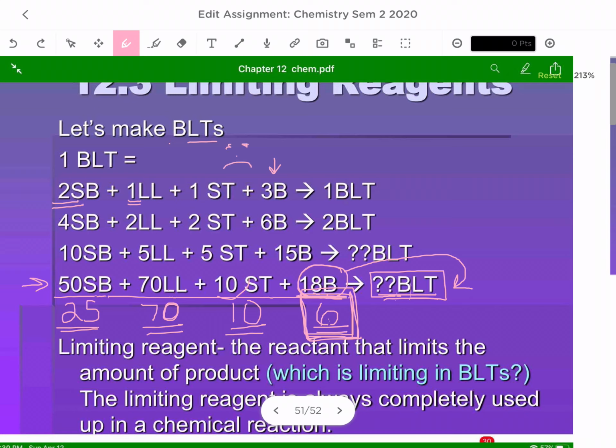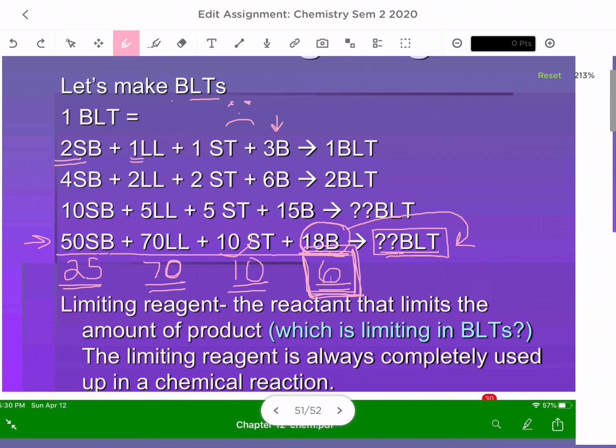That kind of happens in chemistry quite often, where you have a chemical equation, and you have varying amounts of your ingredients up here, and how much product can you actually make?